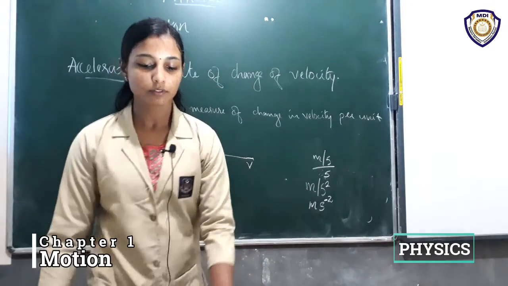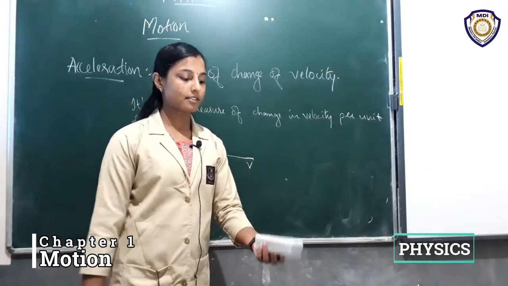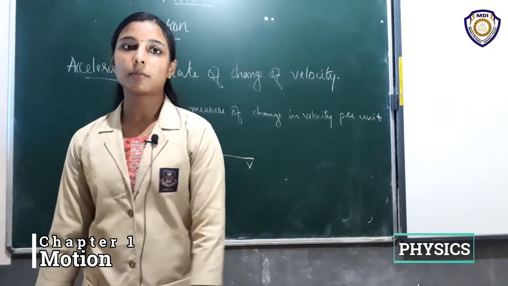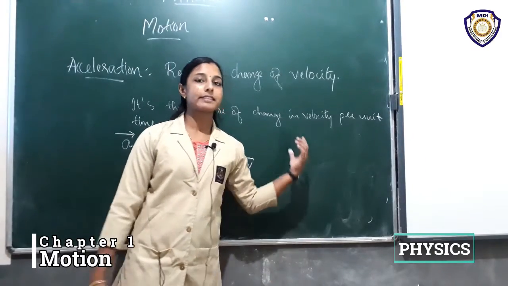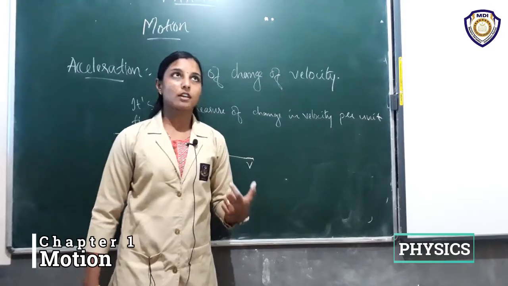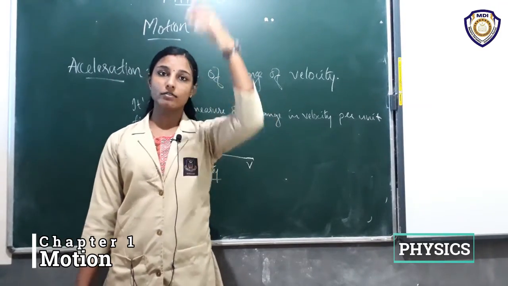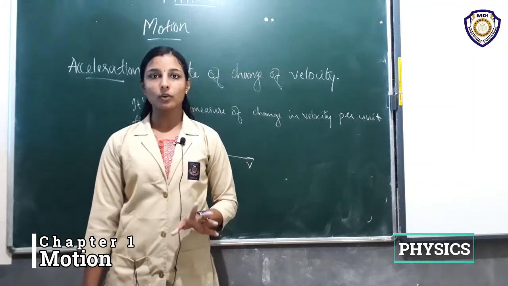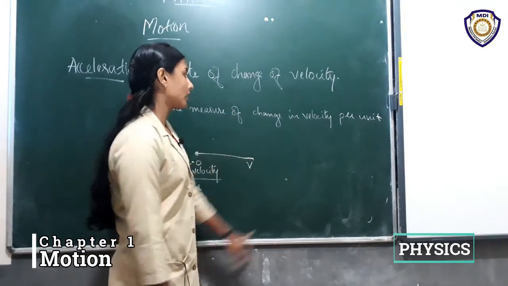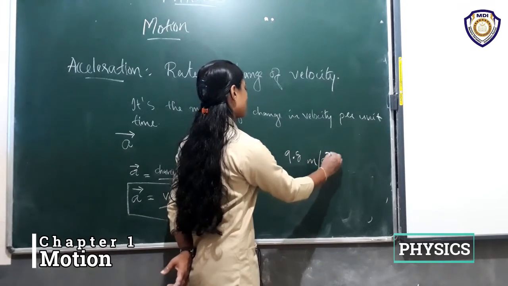And what is the example of uniformly accelerated motion? The example of uniformly accelerated motion is a freely falling body. Suppose a mango is falling down. It has an acceleration of 9.8 meter per second square.